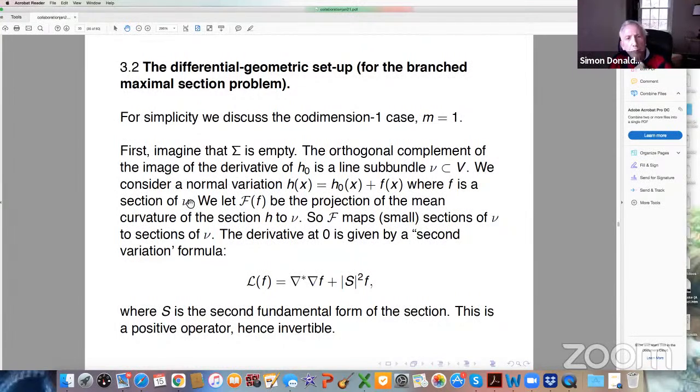Locally, when we're representing everything in terms of submanifolds inside our space, this is completely standard: you vary your codimension 1 submanifold by essentially a function giving the motion in the normal direction.